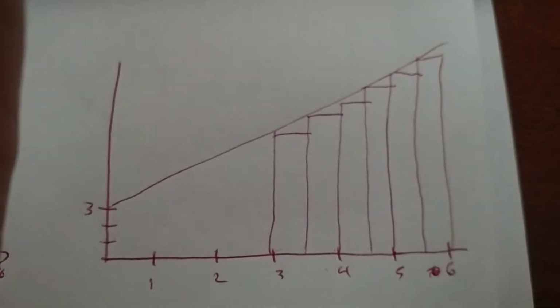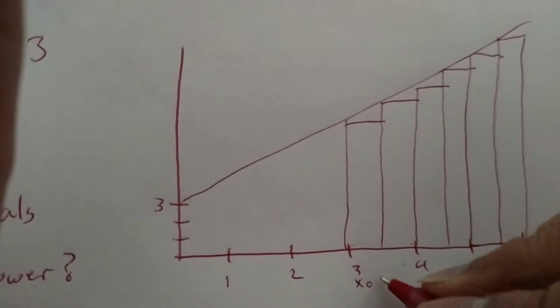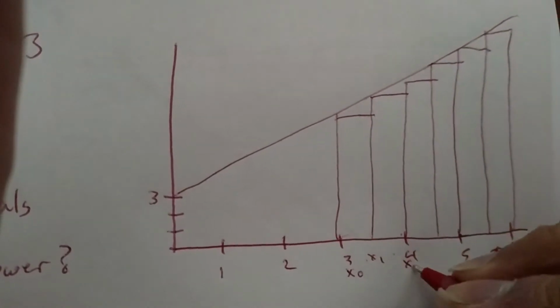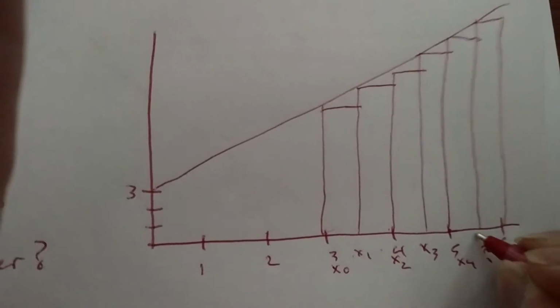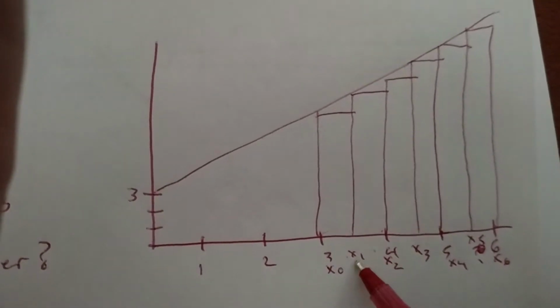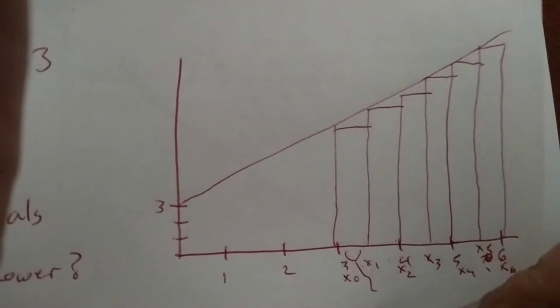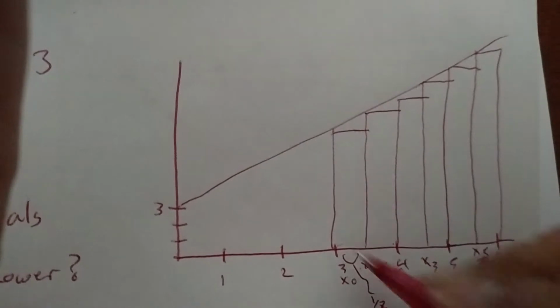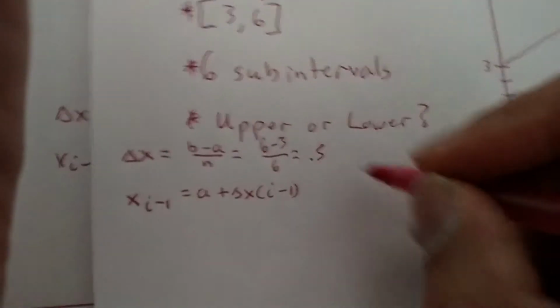So there you go, and we can label x sub 0, x sub 1, x sub 2, x sub 3, x sub 4, x sub 5, and x sub 6. The reason that's x sub 1 and not x sub 0.5 is because your delta x is 1/2, it's 0.5, so that makes that delta 1. Okay, so this is the first thing you do.